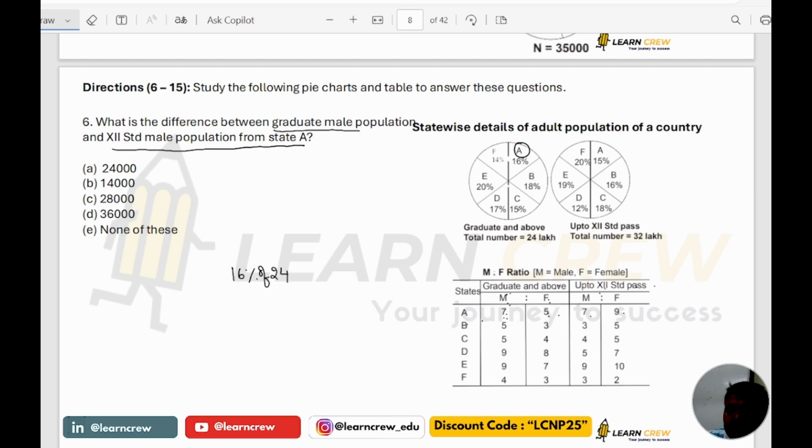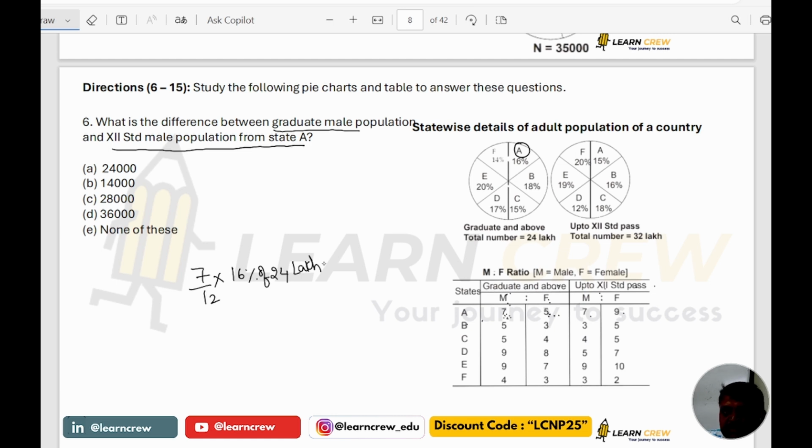Out of the graduates, males are 7 parts, females 5 parts. So the total of 12 parts is this much, and males are 7 by 12. So 7 by 12 of 16% of 24 lakhs is the graduate male population.